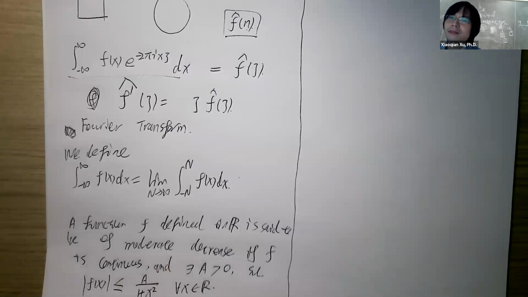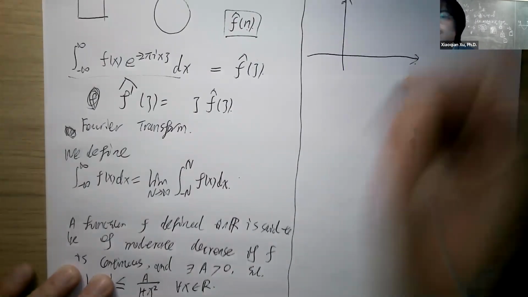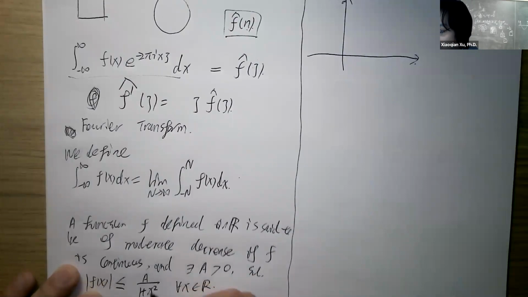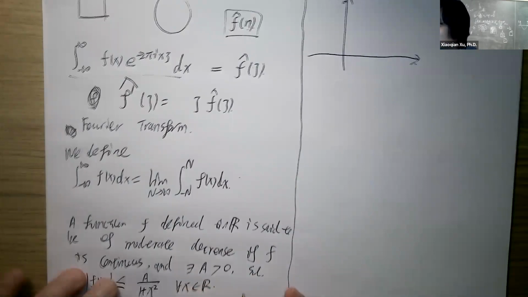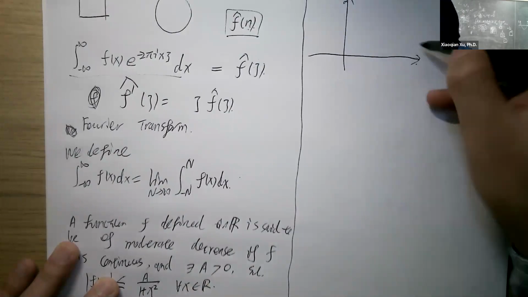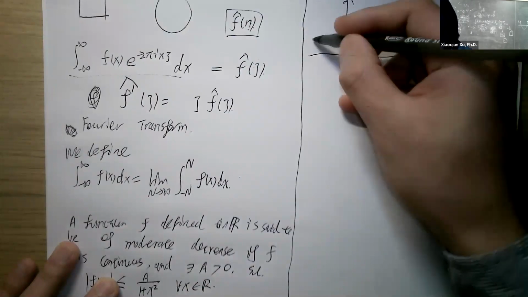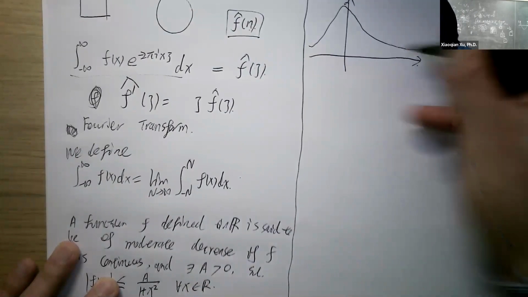This doesn't mean that your function should be monotonic. It just says that eventually it will not be so big. For instance, this 1 over 1 plus x squared function looks somehow like this.